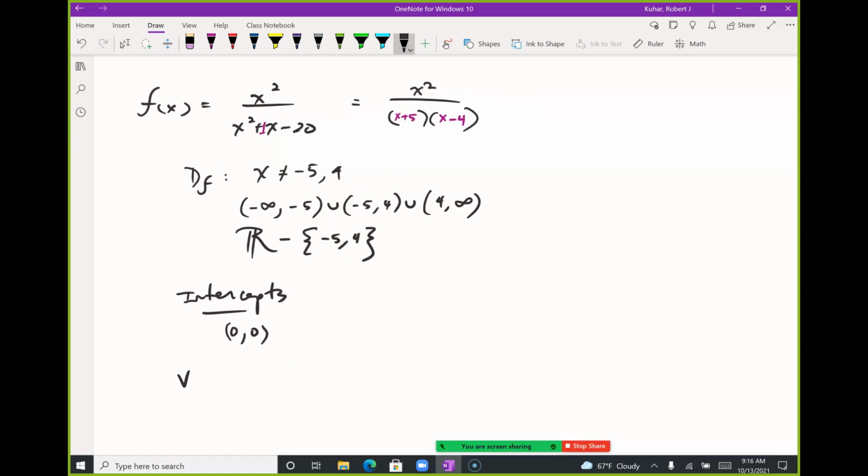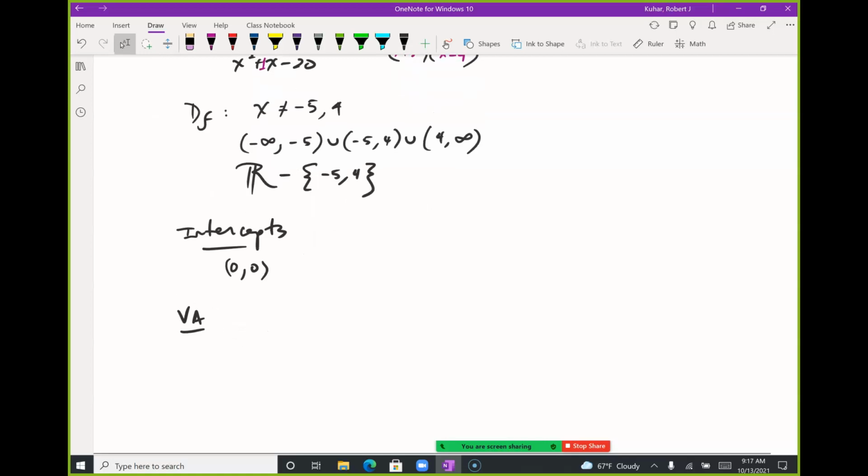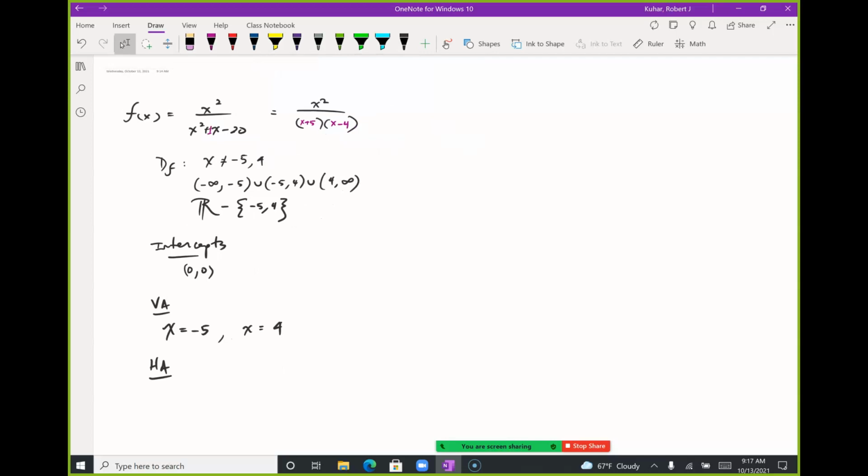Where are my vertical asymptotes? X equals negative 5. Right, x equals 4. What's my horizontal asymptote? Long run behavior.